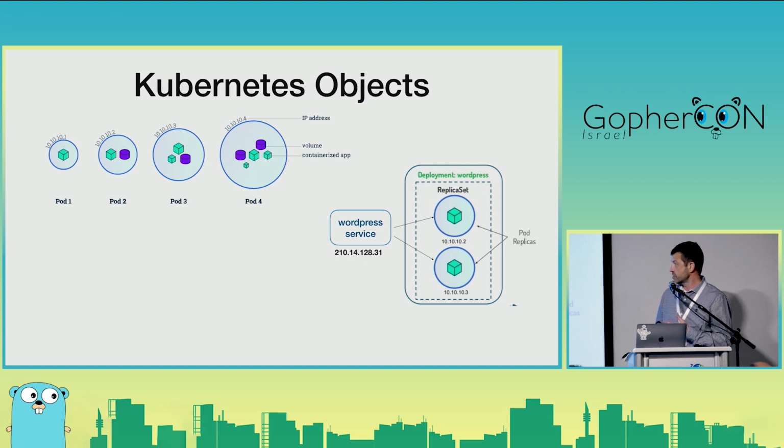And you can define an additional resource called a service. It's like a load balancer in front of your pods, so you have a single endpoint you can contact to get to your service.